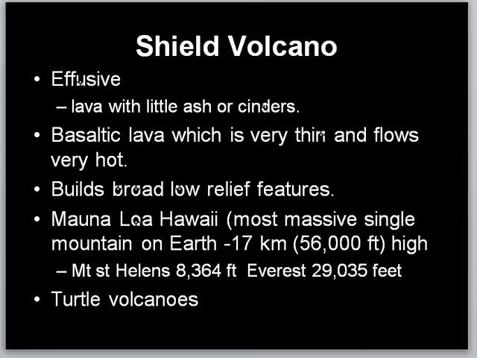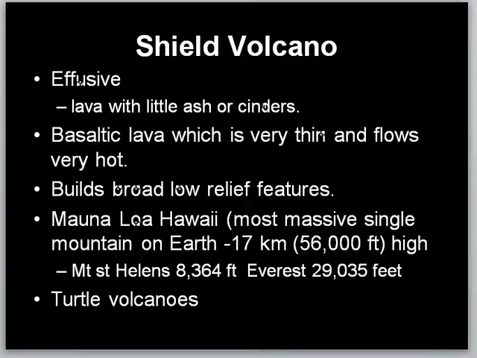An example of effusive volcanoes is a shield volcano. And a shield volcano has very little ash, or very little cinders, tends to be basaltic lava. It's very thin, it flows very hot, and it builds these really broad, low, shield-shaped features.